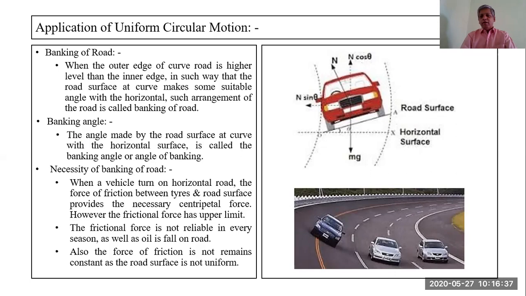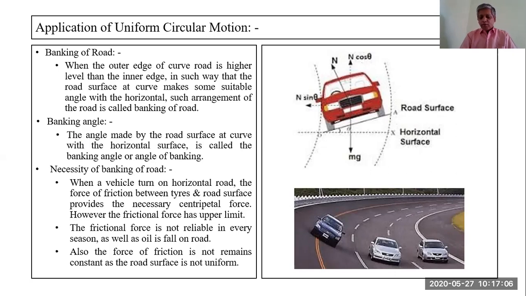Somewhere the road surface is more rough and somewhere it is smooth or polished. So the force of friction does not remain constant, and the speed limit for a horizontal road surface does not remain the same for every vehicle. Hence, the banking of road is necessary.